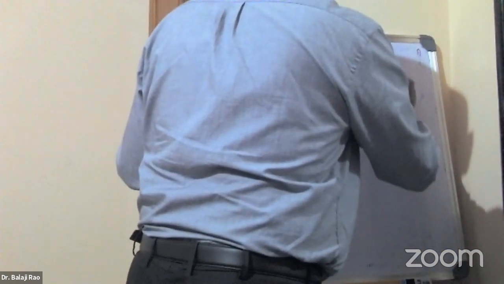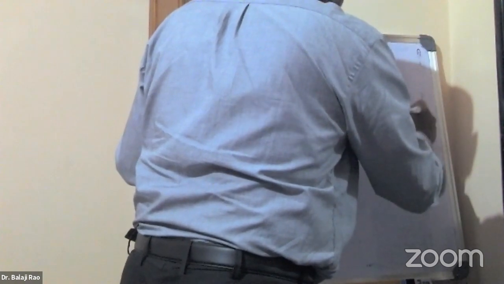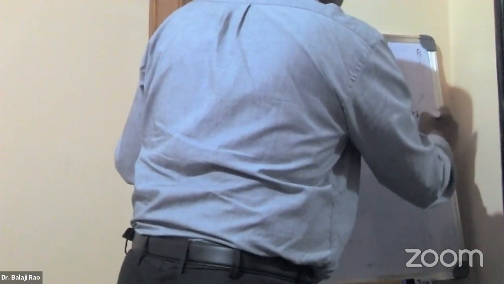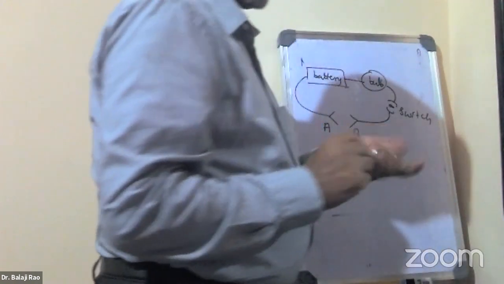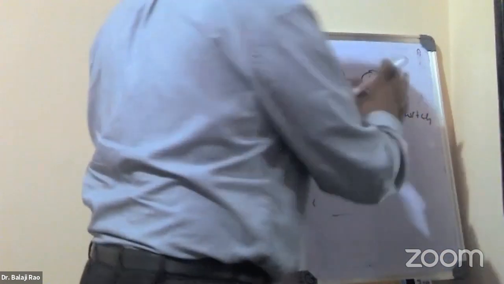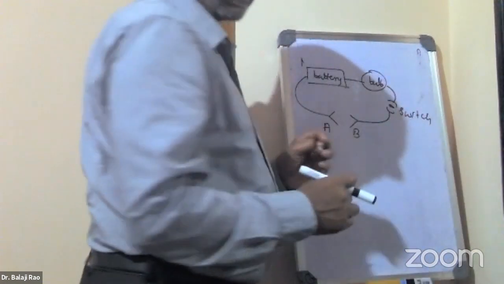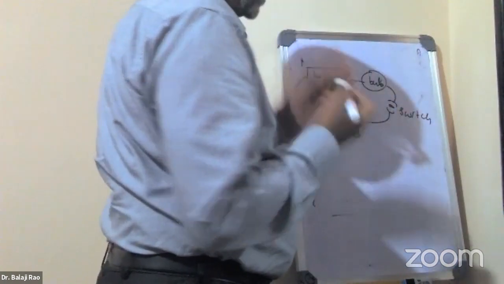Put an electric bulb there. Put a switch over there. Connect this to the other clip, B. Now at this point, because they're away from each other, there will be no current passing through, so the bulb will not glow.